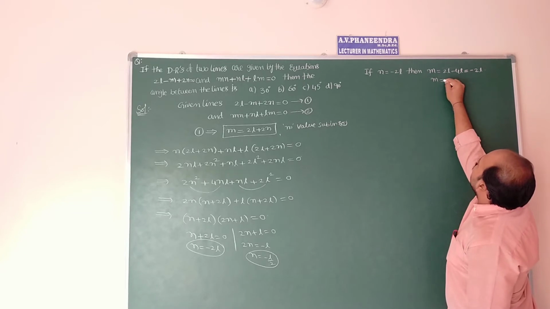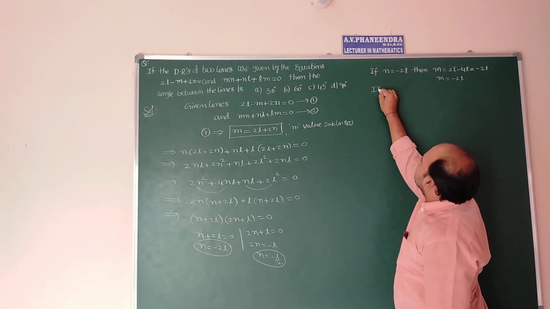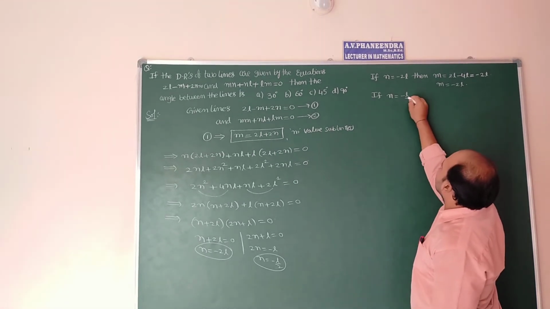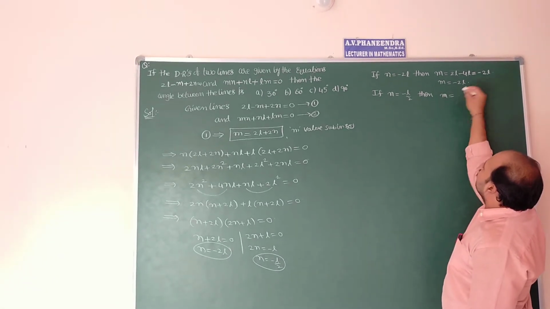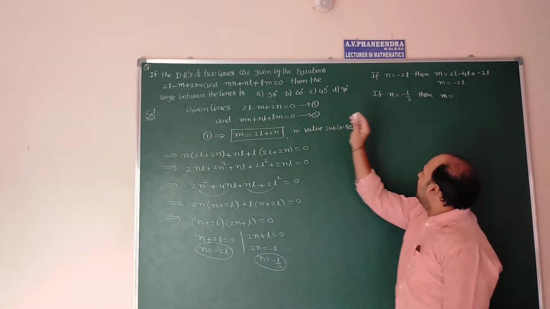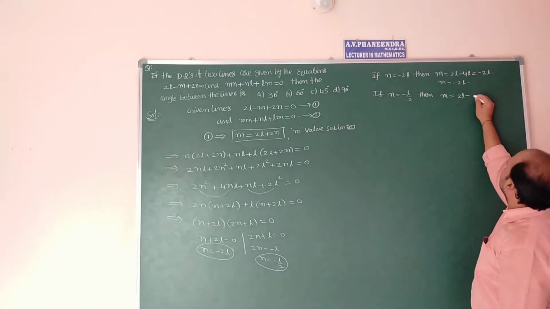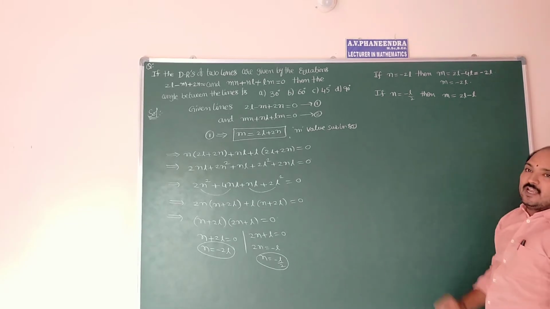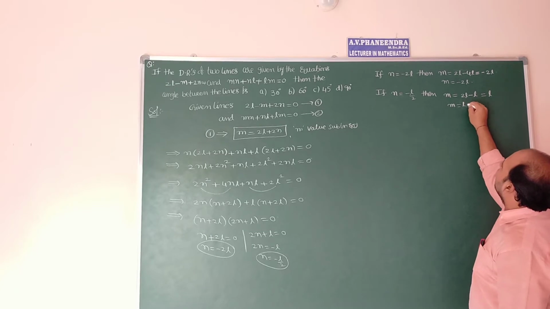Therefore, M is equal to minus 2L. Another case, if N is equal to minus L by 2, then M is equal to 2L plus 2N, so plus 2 into minus L by 2. 2 gets cancelled, minus L, which is equal to L. Therefore, M is equal to L.